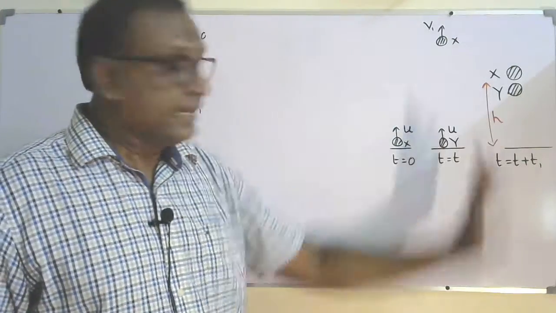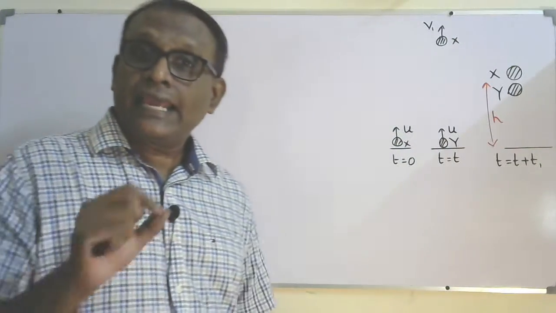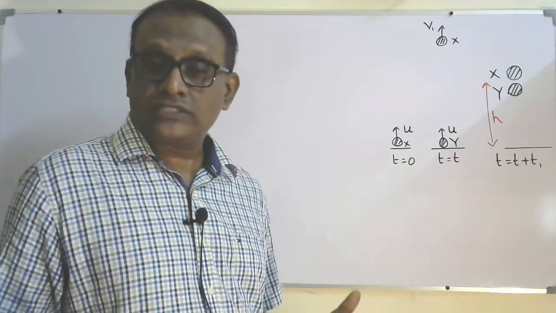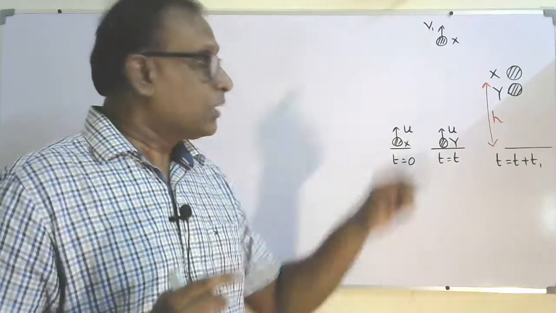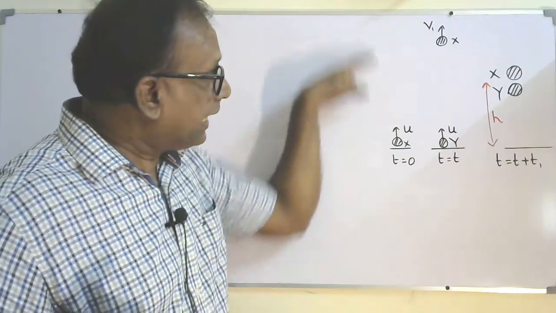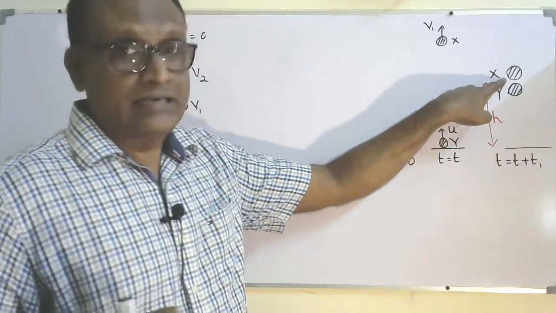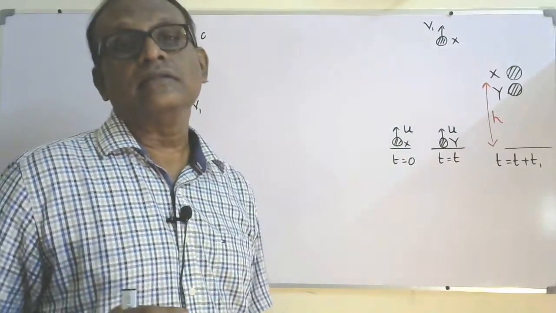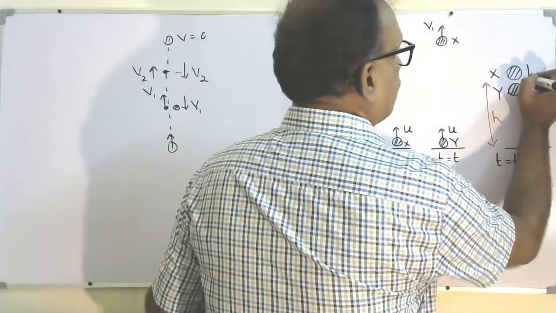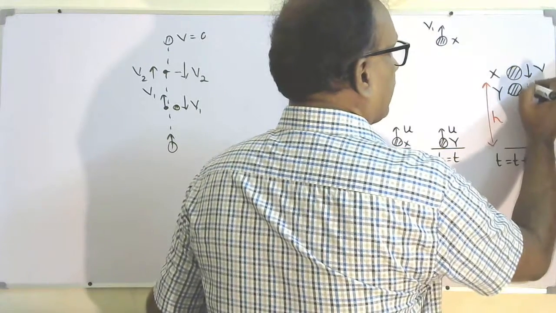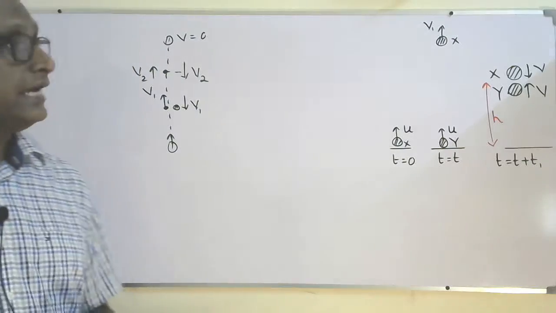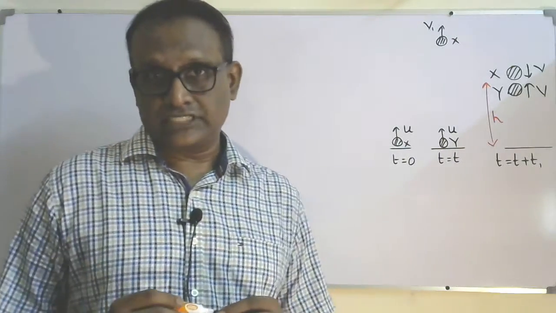When they are hitting, both will have the same speed, or I can say the same magnitude of velocity, but the directions will be opposite, because they are hitting at a particular point. When the ball x comes back to that point, it will have the same speed as the speed of y. So I can take the speed of x downwards v, and the speed of y upwards v. I'm going to use that idea in this question to answer the first part.